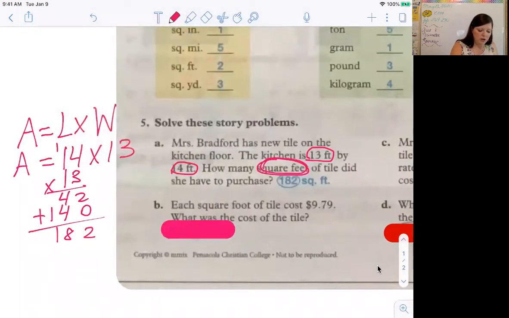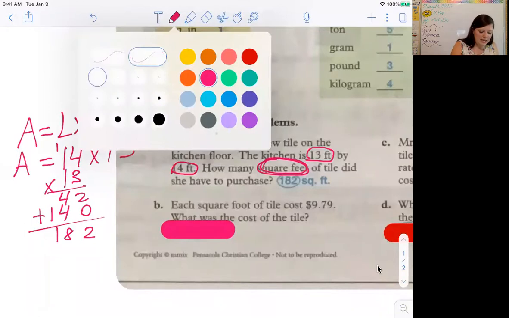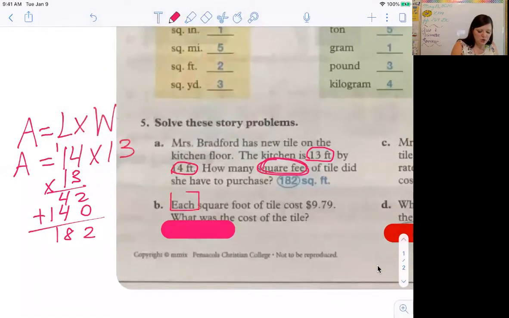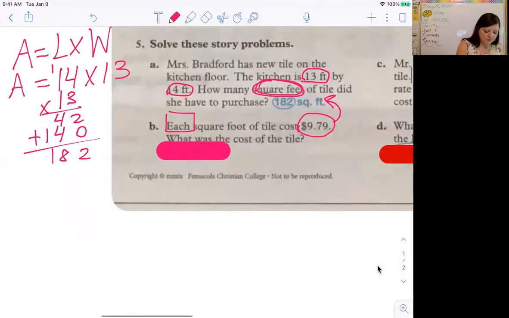There we go. You saw nothing. All right. Each means we are going to be multiplying here. We're going to be multiplying $9.79 by our answer that we got in the previous story problem. Here we go.